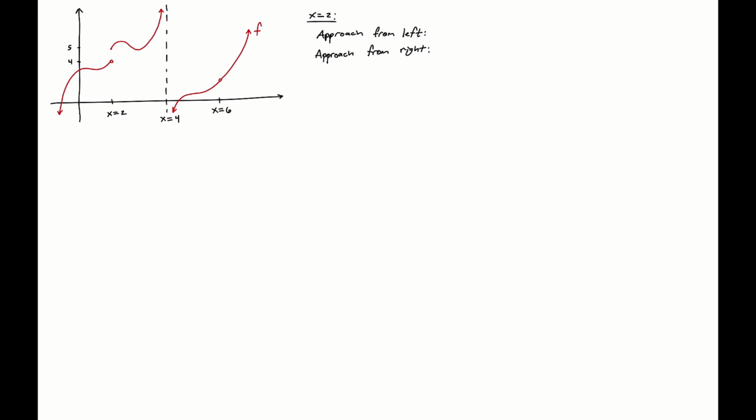Then what we see is, if we follow the graph, putting little direction markers on it, the function approaches this particular y value, 4. So as x approaches 2 from the left, f of x approaches 4.